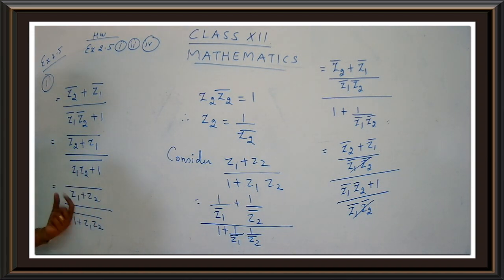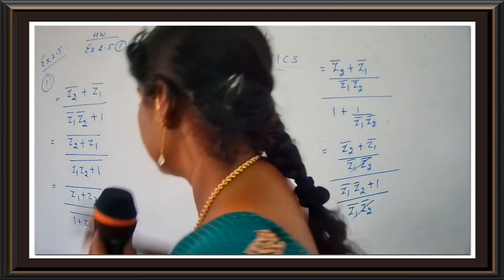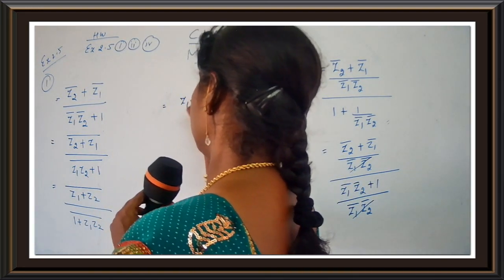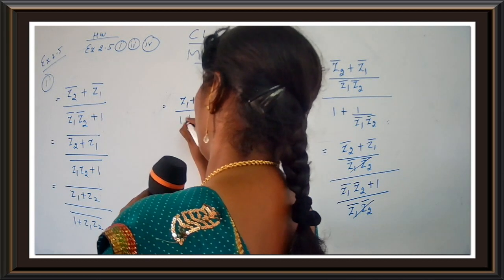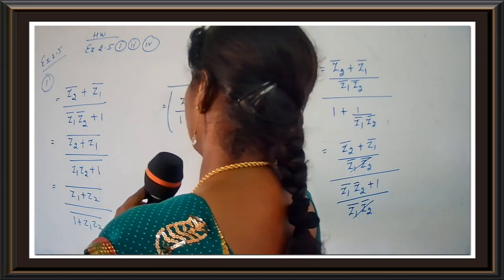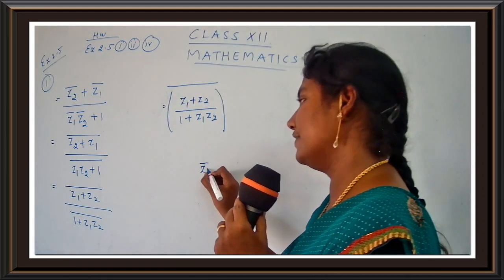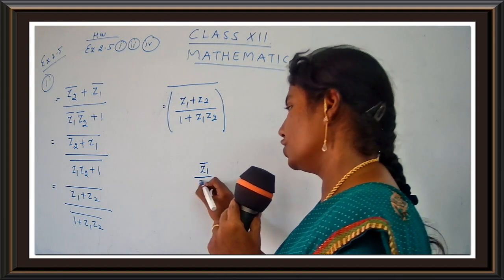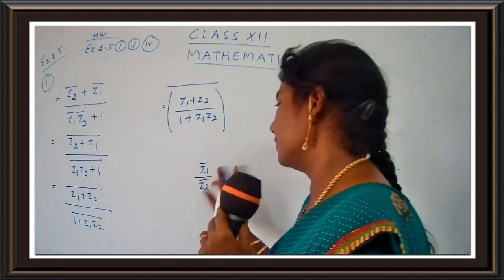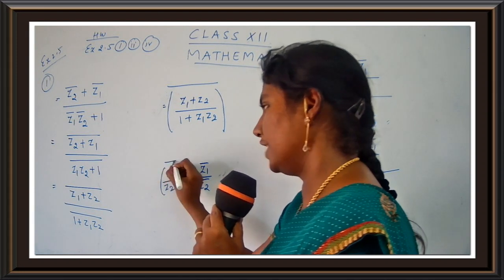Okay. So now what are we going to do here? We are going to write this as z1 plus z2 upon 1 plus z1 z2, the whole conjugate. Are you clear? See, we have z1 conjugate, z2 conjugate. If you have a whole conjugate like z1 upon z2, the whole conjugate can be written as z1 conjugate upon z2 conjugate.